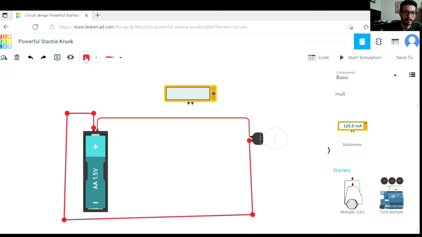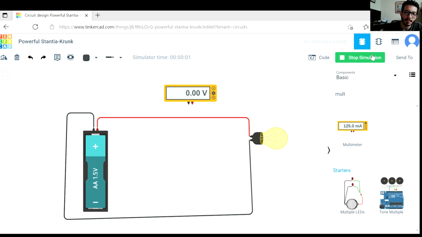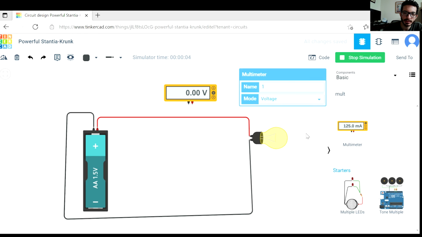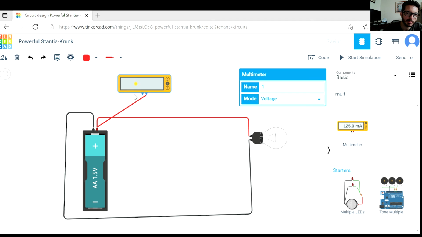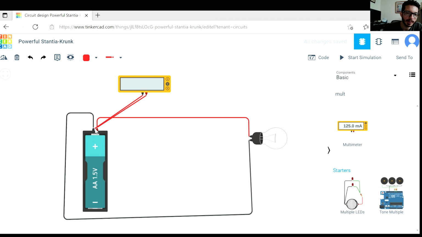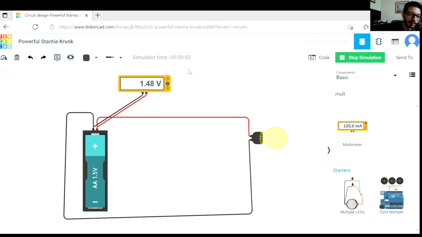First of all, without the multimeter, we can still get the circuit to work. But if we want to measure voltage, the only thing we need to do, and we did this before, is connect our positive point to the point of interest, the battery, and our negative point to where we want to measure the potential from. If we measure right here, we're going to measure 1.5, well, it says 1.48.